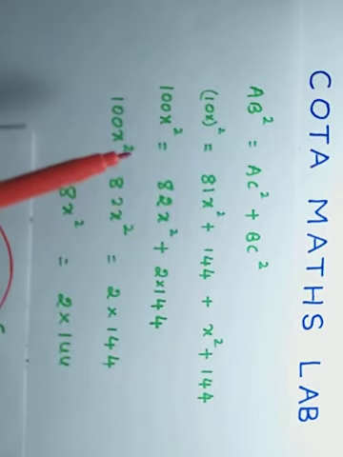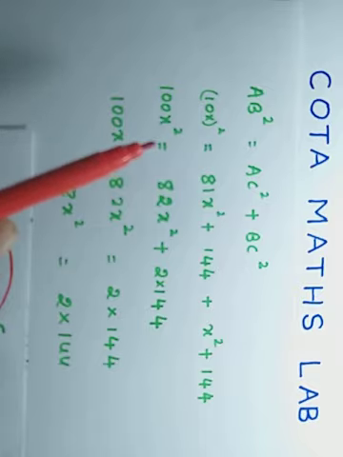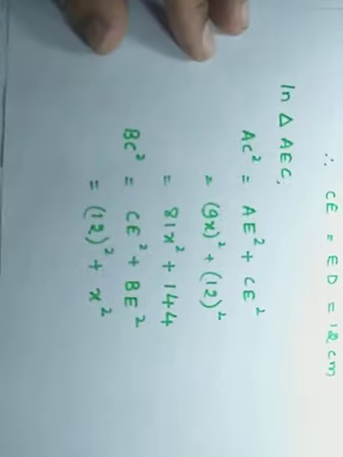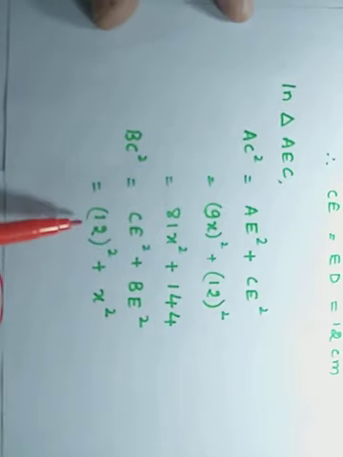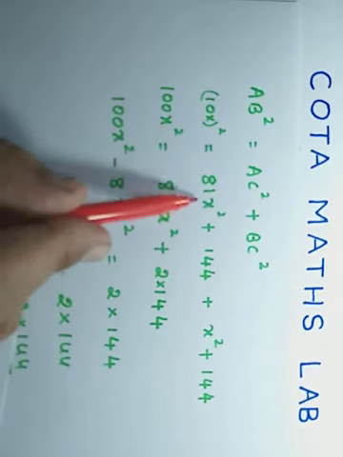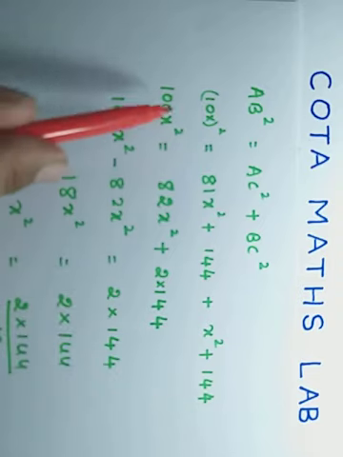AC square is 81x square plus 144 and BC square is 12 square plus x square, so we write 81x square plus 144 plus x square plus 144.